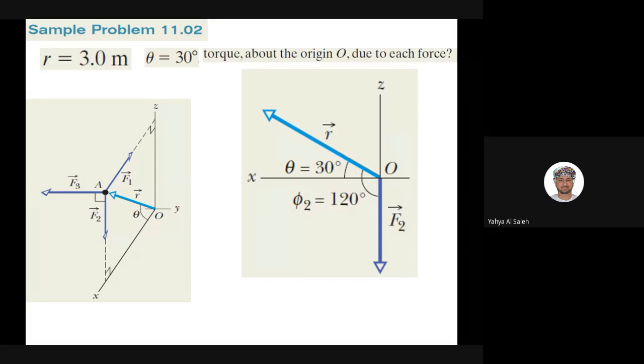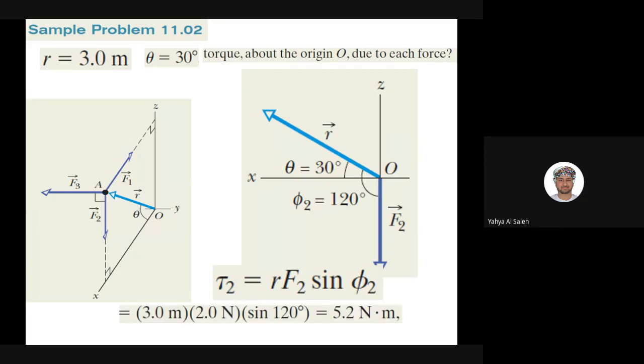What about this one, F2? F2 is downwards, so the angle is 90 plus 30, 120 degrees. We do the same calculation again, and we get 5.2 Newton meters. In which direction will it be this time? Can anyone try it and tell me?